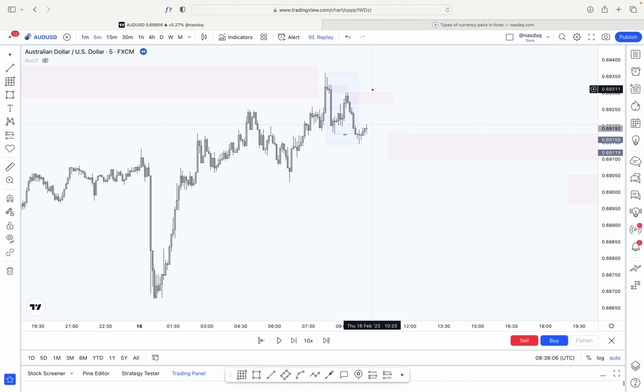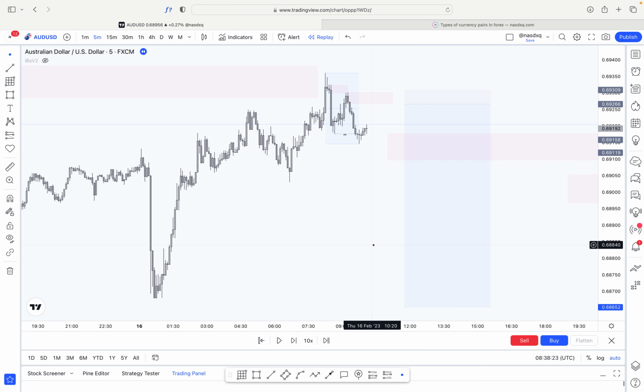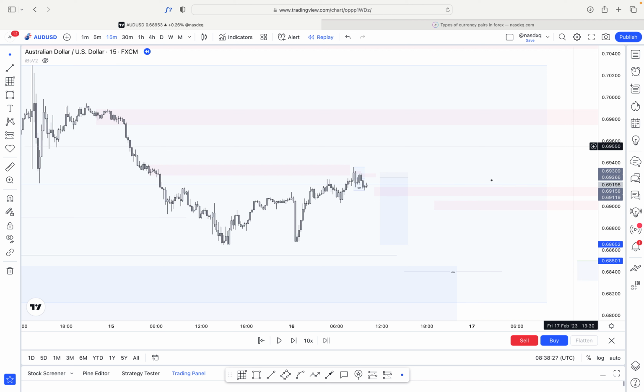Obviously we could have seen a deeper retracement into this zone, but I was confident enough that that wasn't going to happen. And so I put an entry in just here, with quite a tight stop loss, I think about 4 pips. And then we targeted that daily demand.